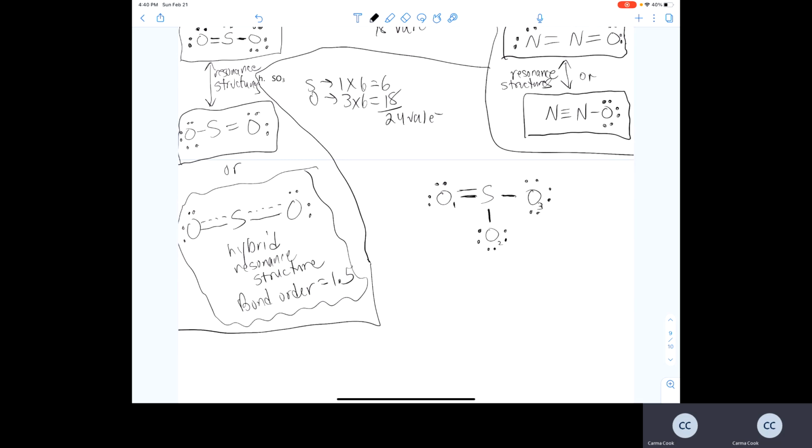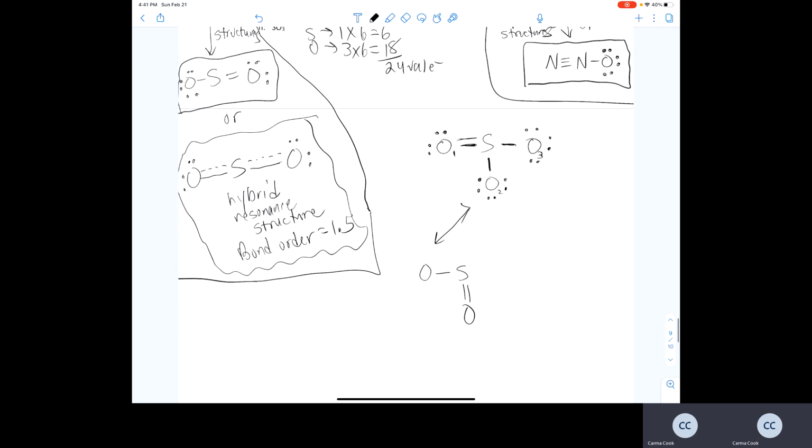And so we can draw resonant structures. So if we would have taken the electrons from oxygen 2, our double bond would have been between the sulfur and oxygen 2.